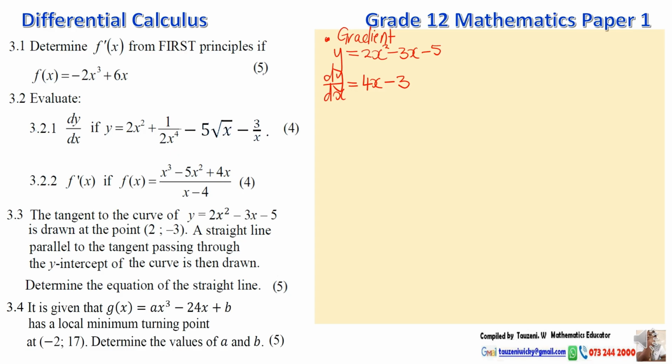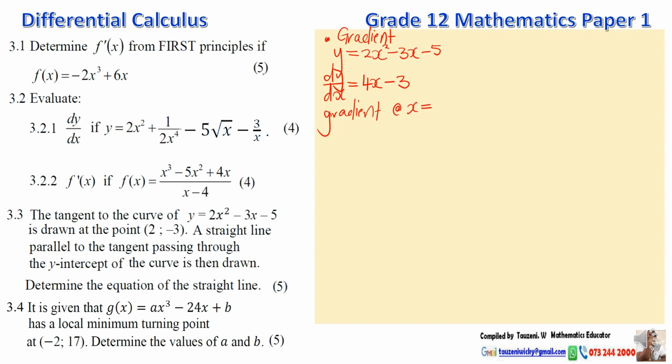So you differentiate your expression. I have just differentiated here. Then after differentiating, we can now say the gradient at x is equal to, we are given the point of contact here, the coordinates of the point where the line is touching the curve.